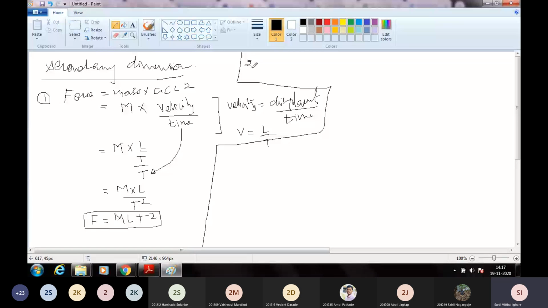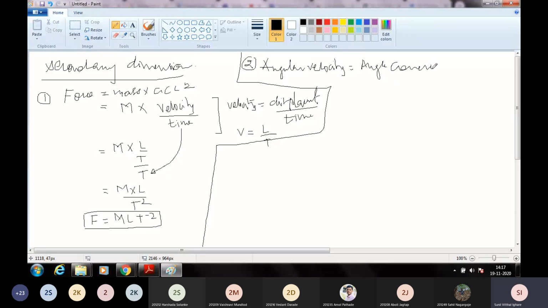The next term we see, after this first term, is angular velocity. Angular velocity is equal to angle covered in radians divided by time. Angular velocity we represent by omega.